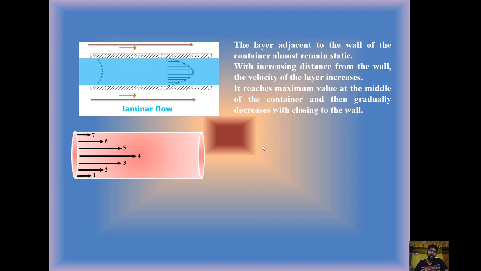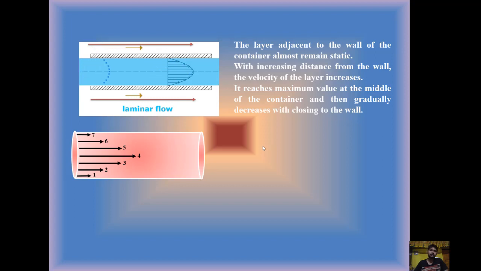With increasing distance from the wall, the velocity of the layers 2, 3, 4 increases gradually. It reaches its maximum value at the middle of the container.